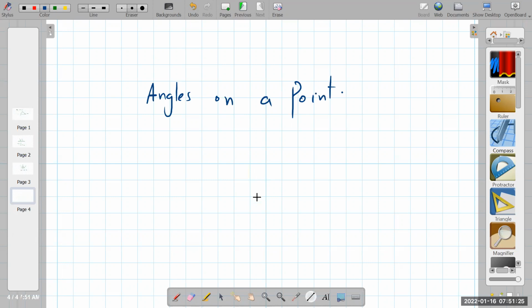For example, this is a point. On this point, the sum of angles is equal to 360 degrees.